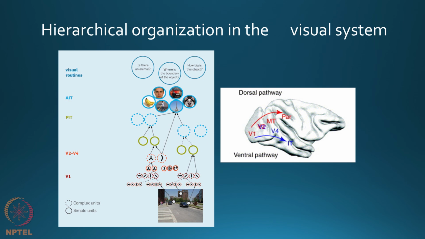And as you go higher and higher, in different parts of the inferotemporal cortex like posterior inferotemporal or anterior inferotemporal, PIT or AIT, you have neurons which respond to a whole complex object. So, you see that more primitive features are represented in lower layers of the visual system, whereas at higher and higher stages, more complex objects are represented, just like what we have seen in an abstract network which is trained on faces.